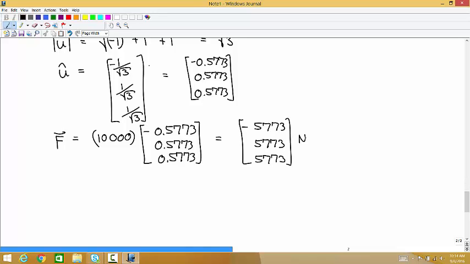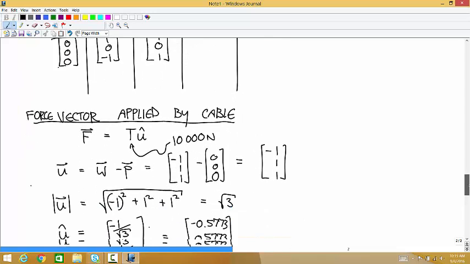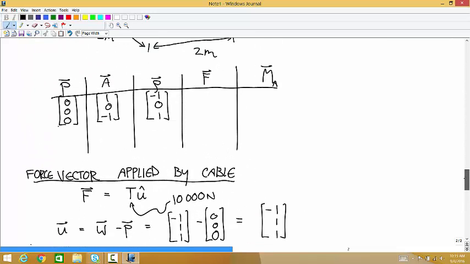We've done that kind of calculation before, but it feels a lot harder when you see it sort of cold in the middle of a separate problem about something else. But we've done that stuff before. Okay, so the force vector now for the table, remember all of that we just did to come up with this force vector, is negative 5773, positive 5773, positive 5773.